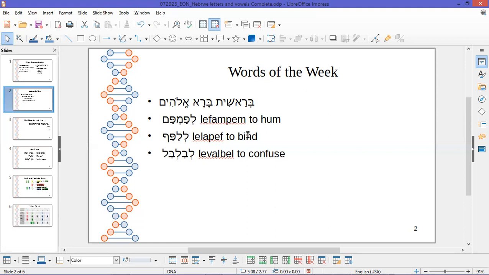The whole verse is Bereshit, bara Elohim, et hashamayim, ve'et haaretz. Okay, I'll take your word for it. Well, we're going to see it. But since you knew the word Bereshit, hey, I will take what I can get.